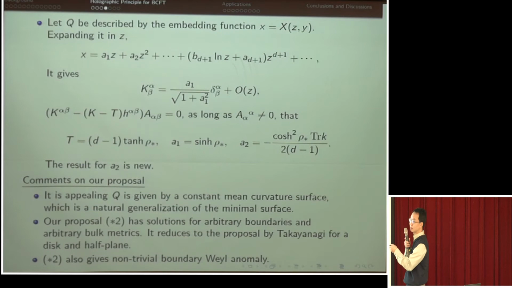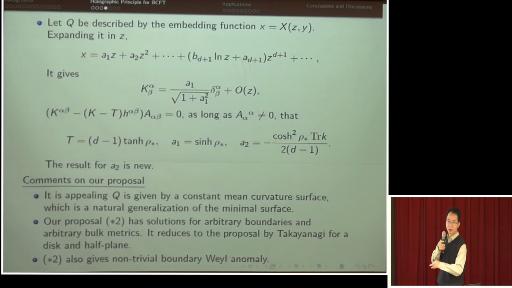But if the boundary is curved, of course the surface Q can be curved, so it will be described by some expansion like this. Now in this proposal, we can also solve for, for example, the next coefficient. Of course, you can continue, and it's just a matter of time. You can do all of these. So the next one is this. Previously this was equal to 0 because the boundary was considered to be flat, so K was 0.